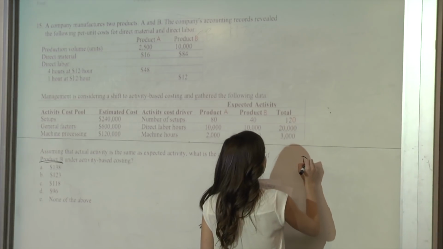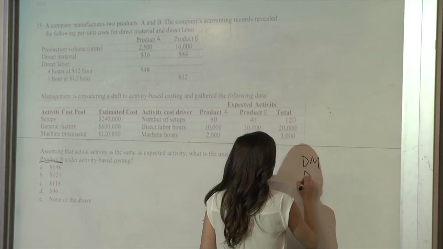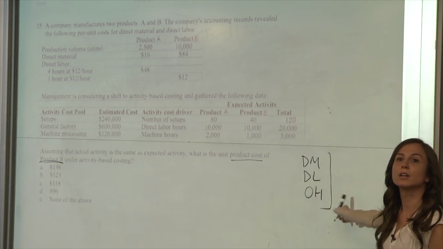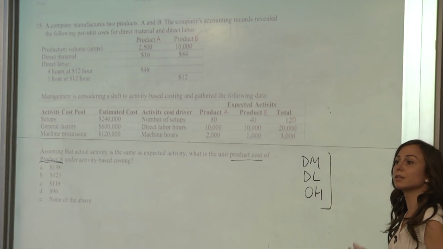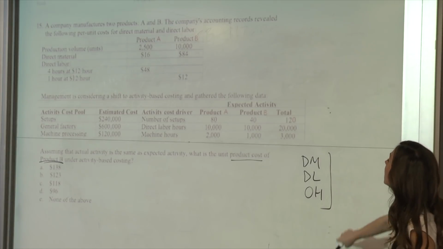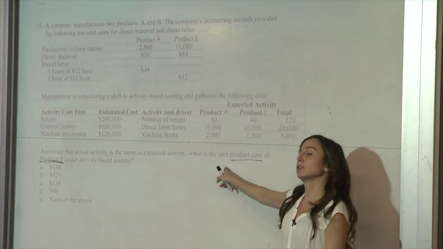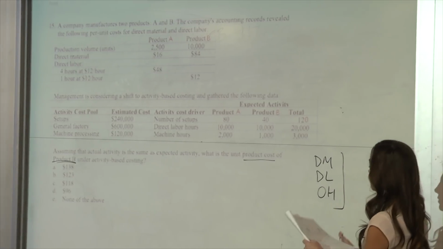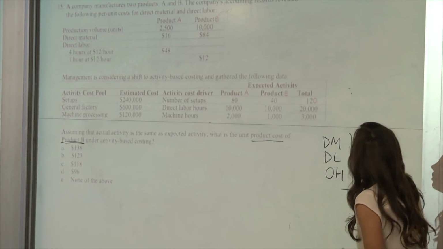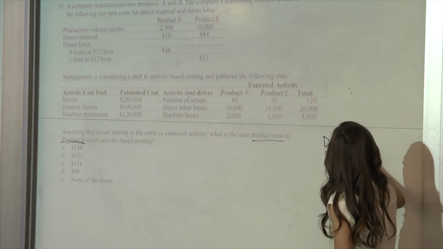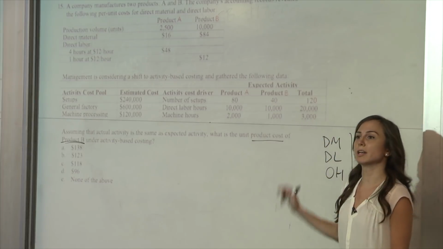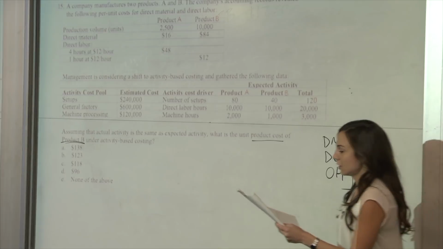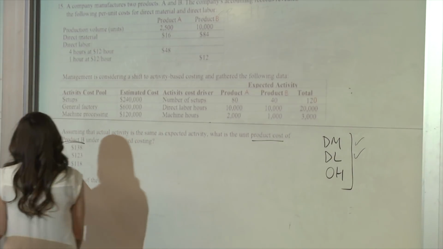And everyone, I'm sure, knows that these are the three costs: direct materials, direct labor, and manufacturing overhead. And specifically, because the question asks for unit product cost, we want the cost per unit on a per unit basis. Okay, so for direct materials and direct labor, we already have that information given. So we're only going to focus on trying to find the overhead cost.